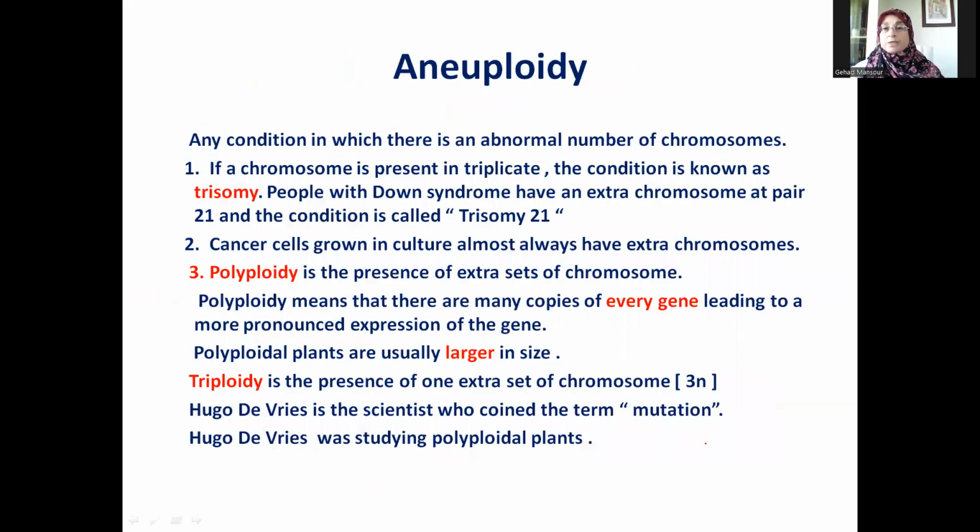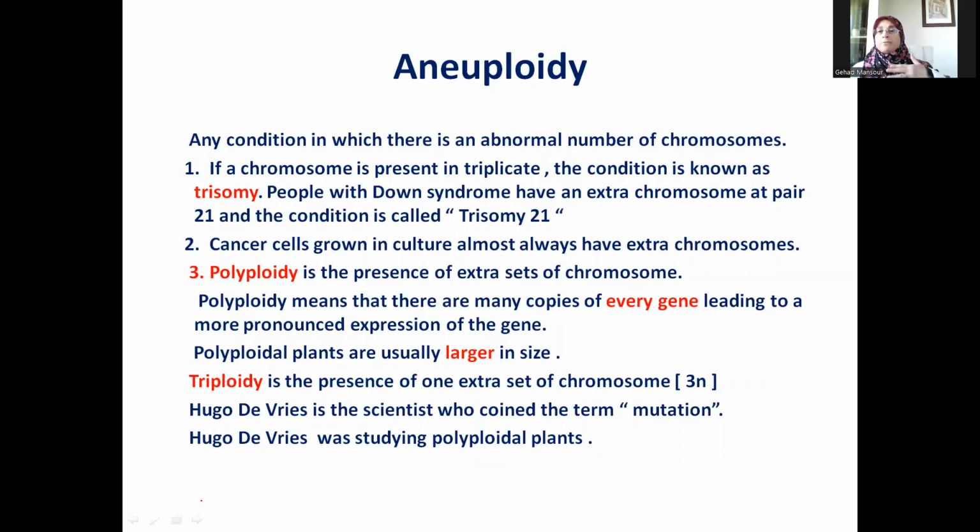So aneuploidy is any condition in which there is an abnormal number of chromosomes. The abnormal number of chromosomes may be one chromosome more, for example, as in trisomy or in Mongolism, or it might be more than one chromosome more, like in cancerous cells, for example, or it might be polyploidy.